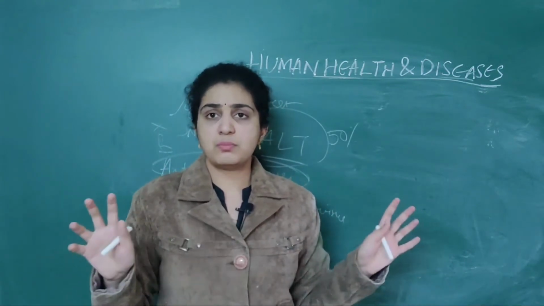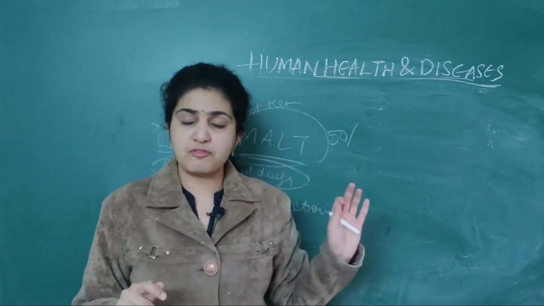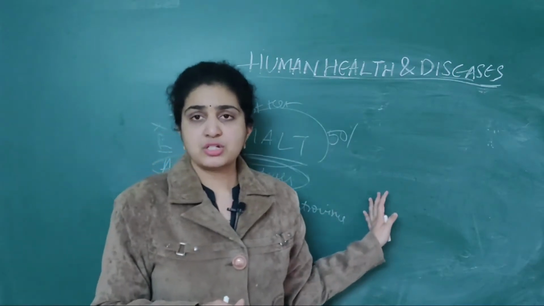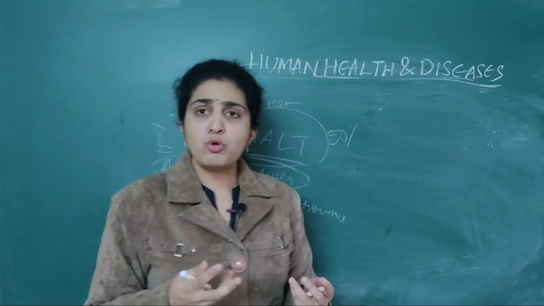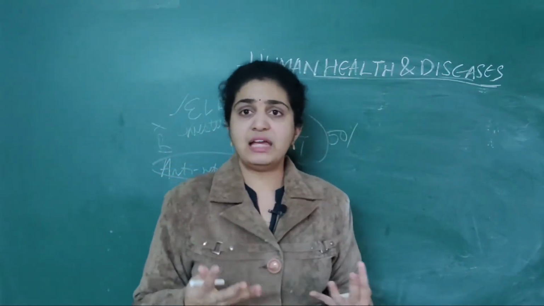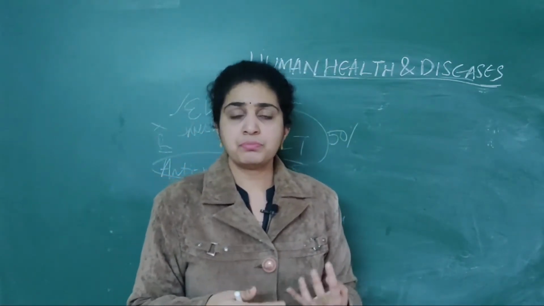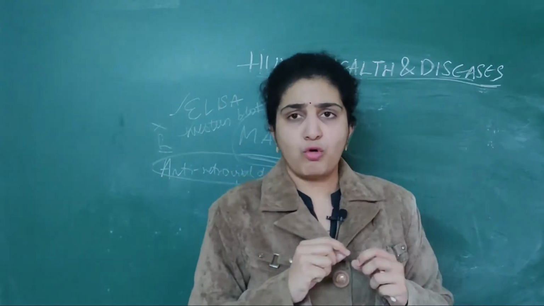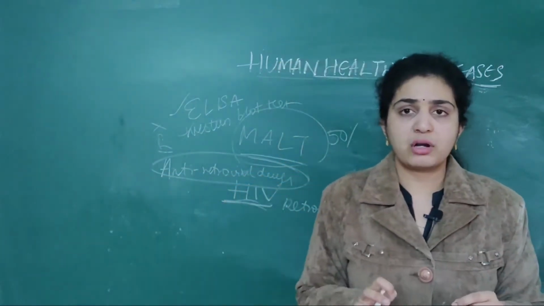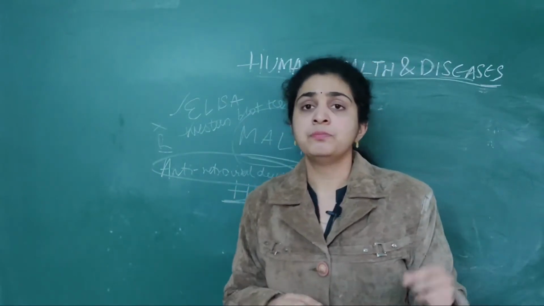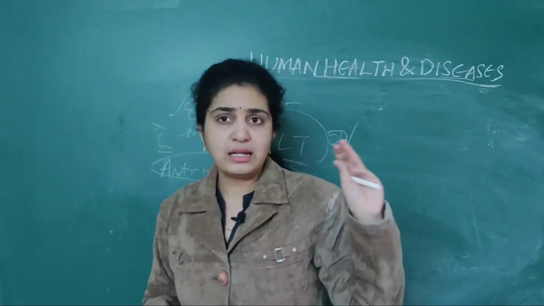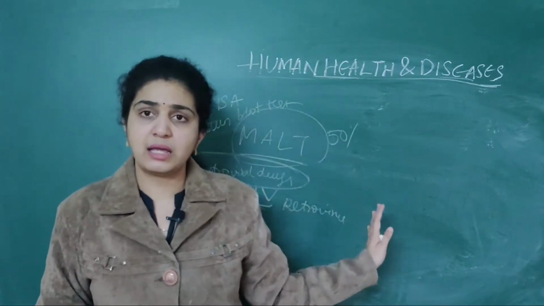Mostly he'll see fever, weight loss, anemia, loss of appetite, and whatever bacterial diseases, viral diseases, fungal diseases, everything will be seen in this person. Because totally it will suppress the immune system.